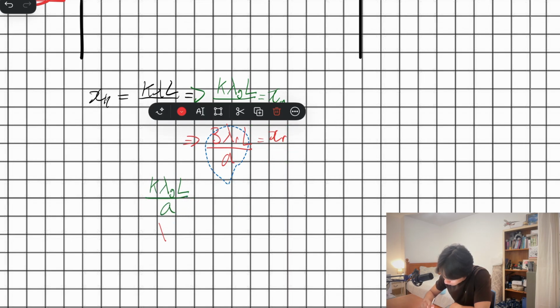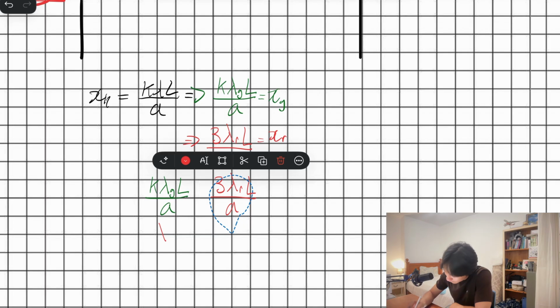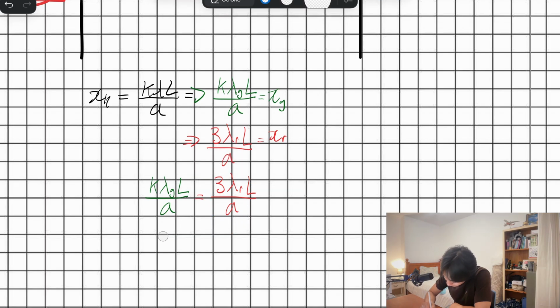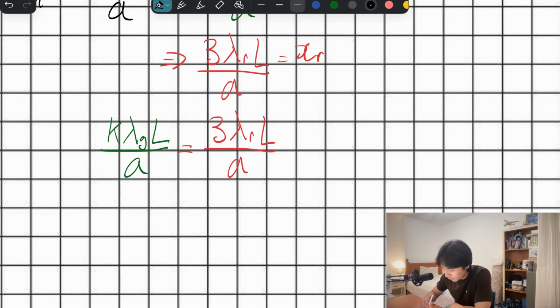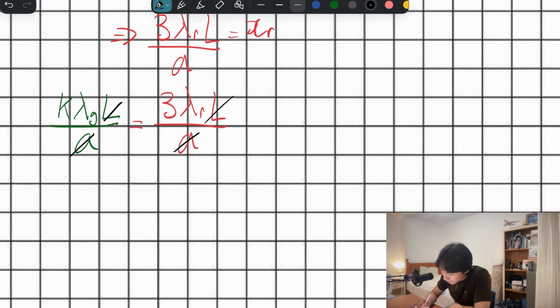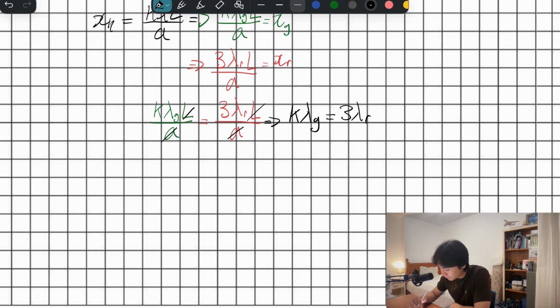What do we notice on both sides immediately? A is a constant, cancels out. L is a constant, cancels out. So what does this imply? Simply, this implies that k times the wavelength of green is equal to 3 times lambda r.